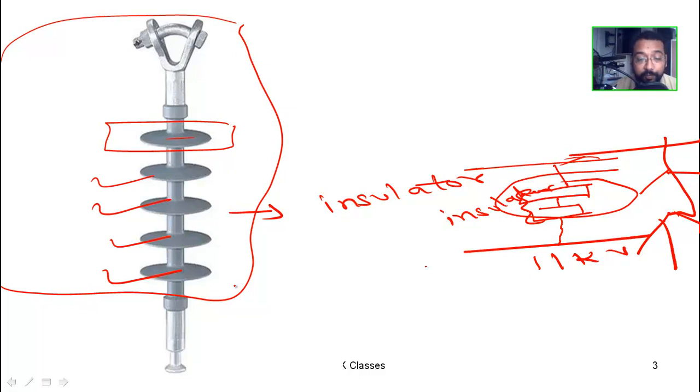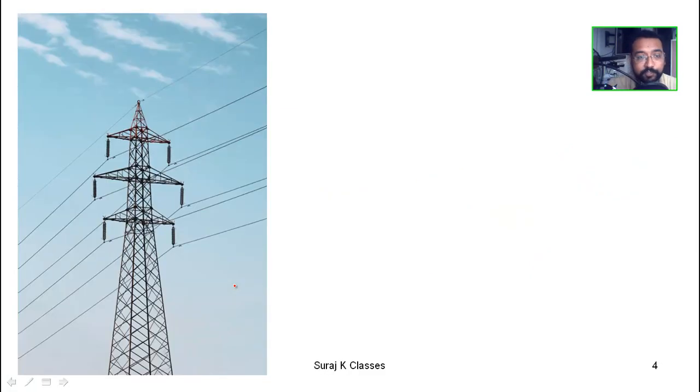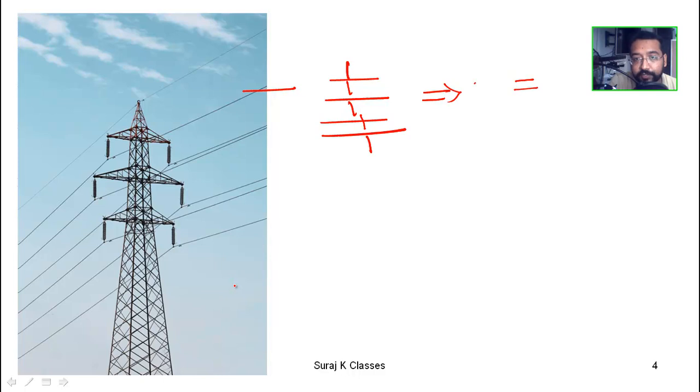Now let's get into the detail, the structure of these discs. You must be thinking about how many discs can be used for a particular transmission line. There is a formula for this. The number of insulator discs I'm denoting with N, and VL I'm denoting with the transmission line voltage.